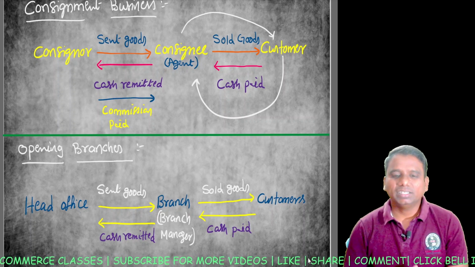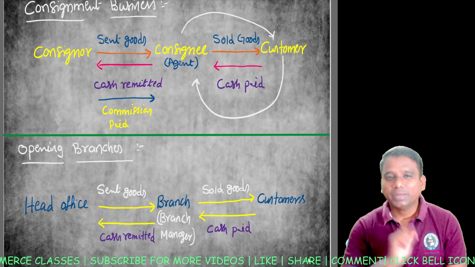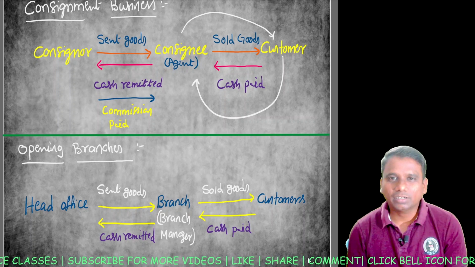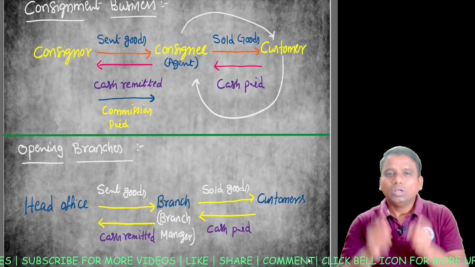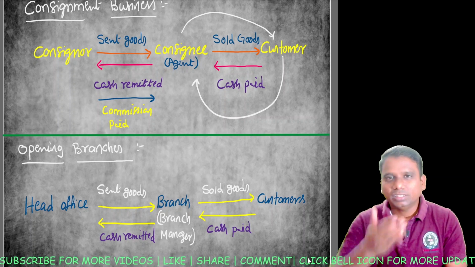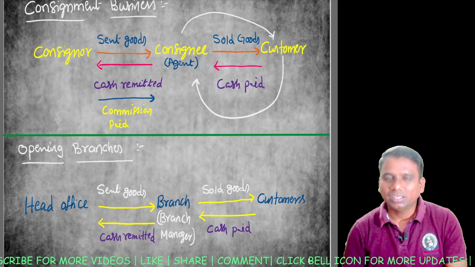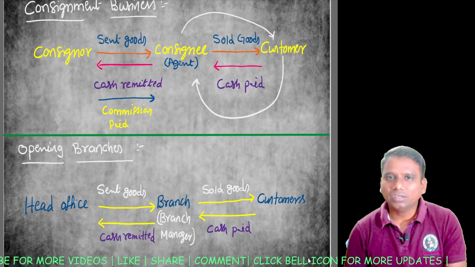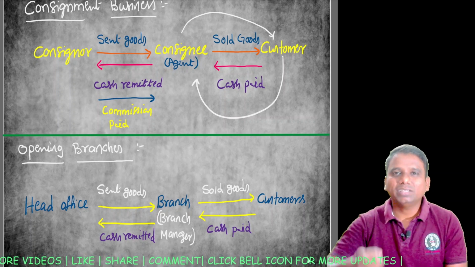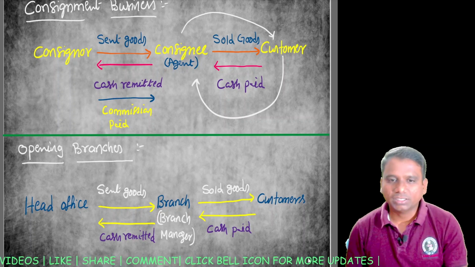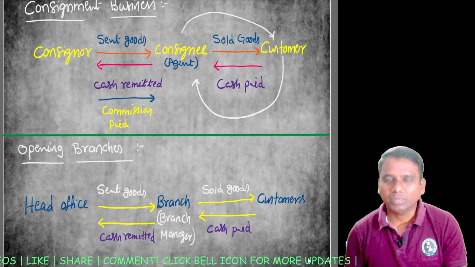For the services rendered by the consignee, the consignor pays some commission. In consignment business, the expenses on consignment may be borne by the consignor himself, by the consignee, or by both parties. It depends on the consignment agreement.